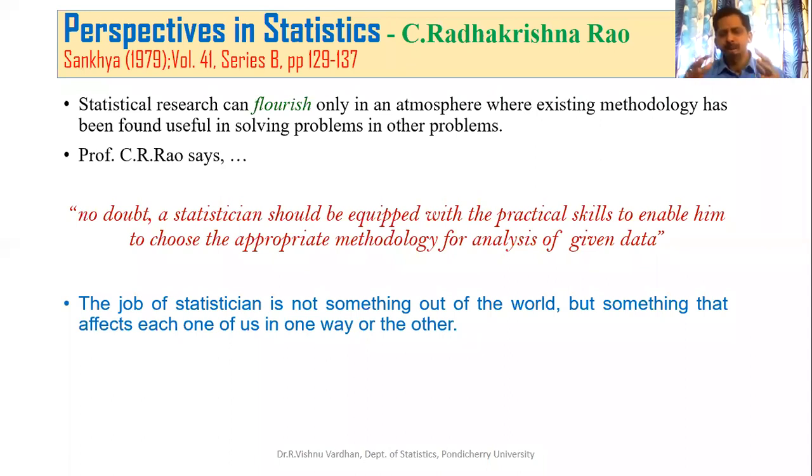Like this, there are many wide varieties of techniques applicable in every field of science and engineering, where a statistician is there. It's not something out of the world, but something which affects each and every one. Now we are seeing graphs that there is a hike going on, increasing, but where we observe the peak, that will gradually come down with the COVID cases.